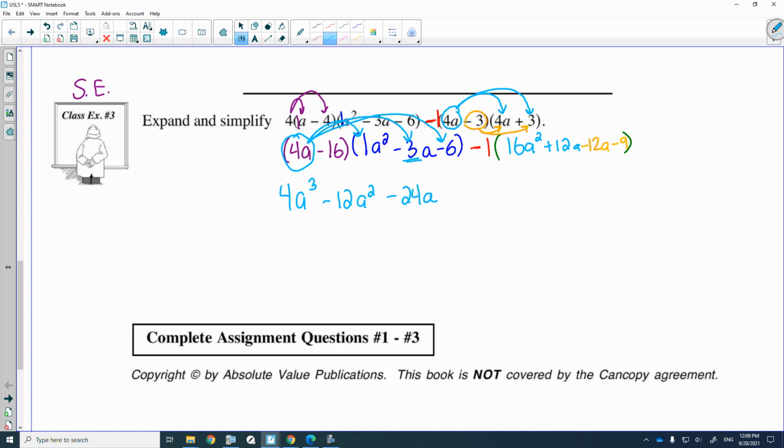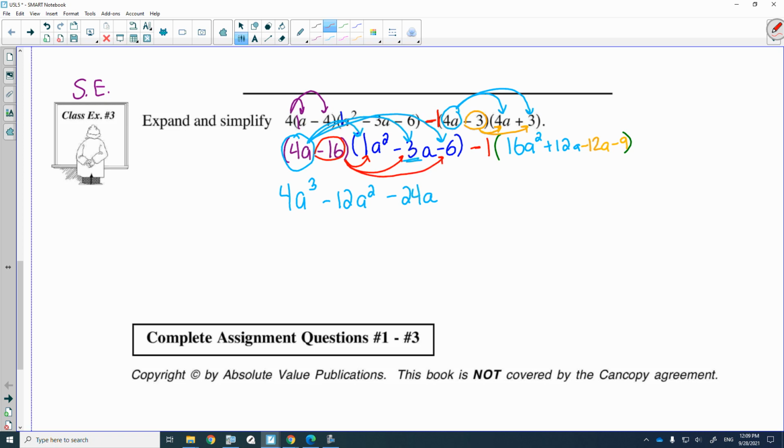When you're done with the 4a, Evan, what do you want me to circle next to distribute in? What's that? So I'm done distributing in the 4a. What should I circle next? The negative 16, and this guy has to go in. Make sure you have your calculator because you're going to be multiplying like negative 16 times negative 6. But this guy has to go in each term in this bracket.